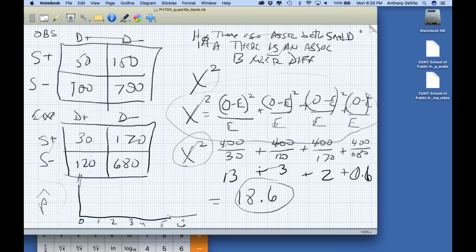The bigger that difference becomes, the less likely it is that there is no association, that your null hypothesis is true. The bigger chi-square becomes, the less likely you'd be wrong if you reject your null hypothesis. In other words, the bigger the difference between your expected values and your observed values, the bigger this number chi-square is going to be, and the more likely you are to be justified in rejecting your null hypothesis.